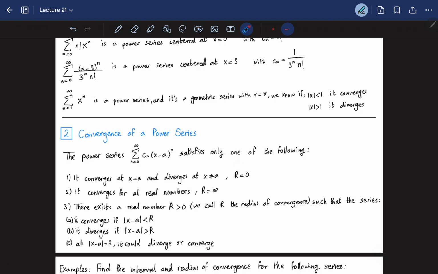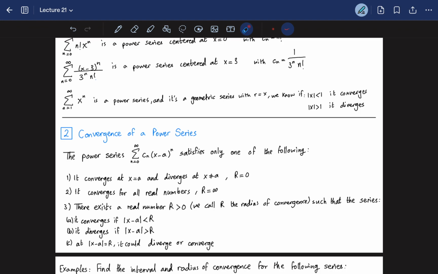So when we have the case where the series only converges at one point a, the radius of convergence is just 0. Now, what if the power series converges everywhere? So it converges for all real numbers, and the radius of convergence here is infinity because it covers all real numbers.